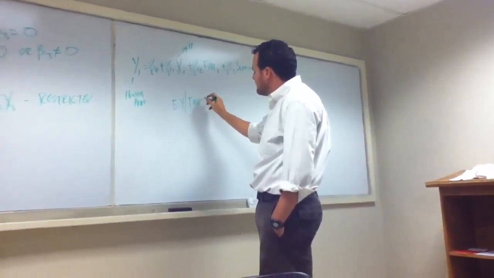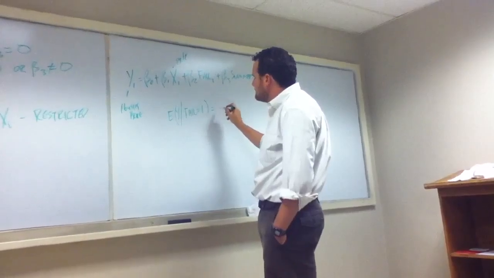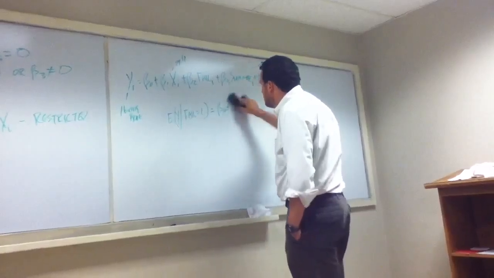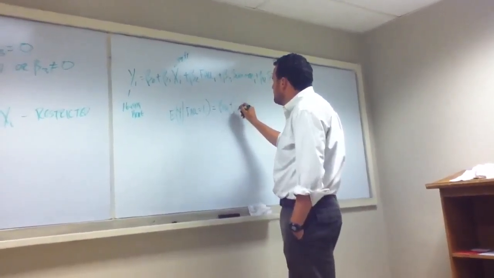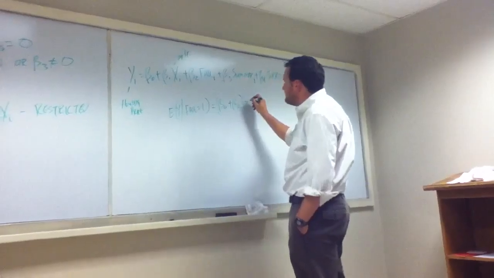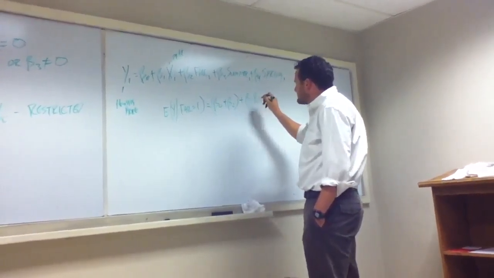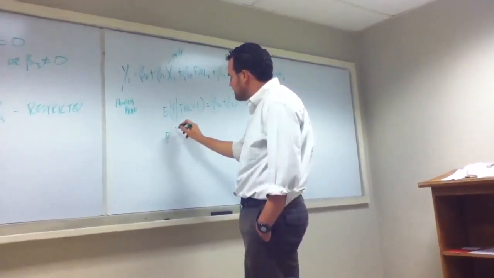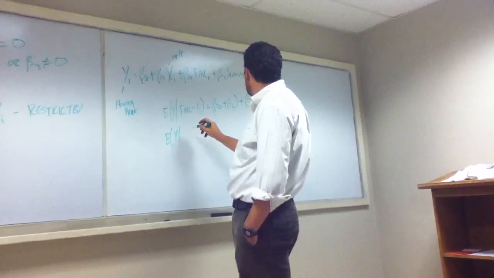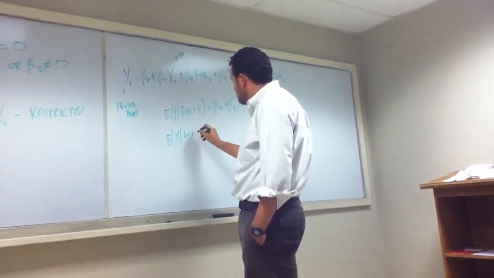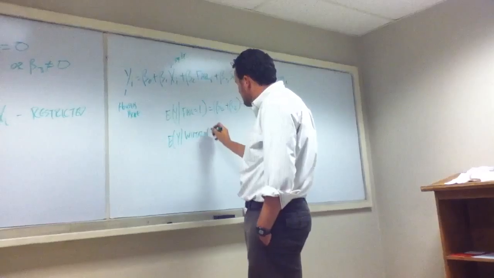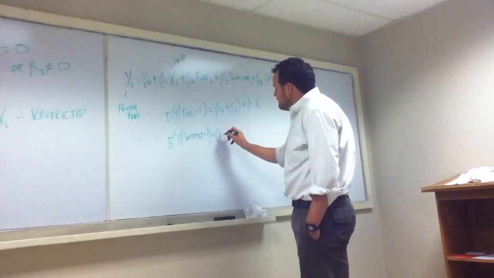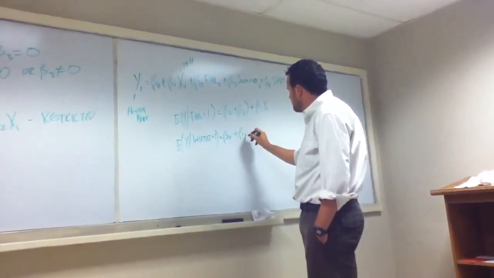Again, we can compare the expected value of y given fall equals 1, which is beta 0 plus beta 2 as the intercept plus beta 1 xi, to the expected value of y given winter equals 1, our excluded variable, which is just beta 0 plus beta 1 xi.